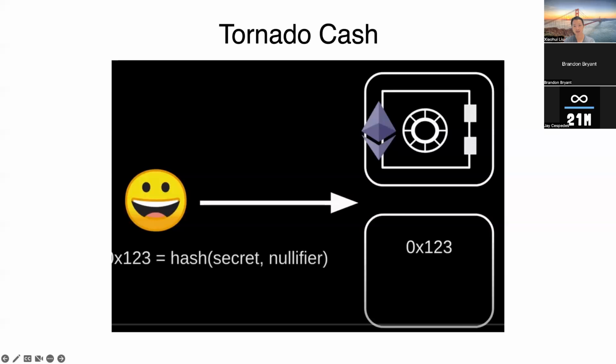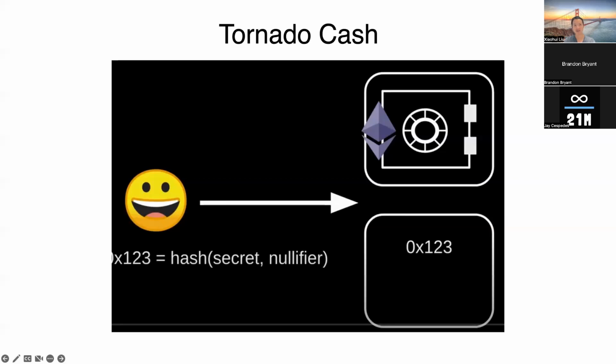Basically, if Alice deposits some cash into the big deposit, she can withdraw the same amount later on, and nobody can link this deposit and withdraw transaction. It's basically impossible to link them, so you can make a transaction more private. That's the thesis.